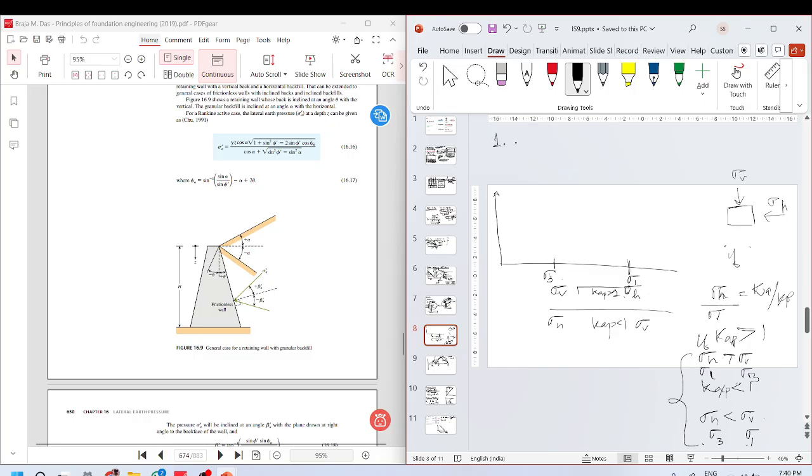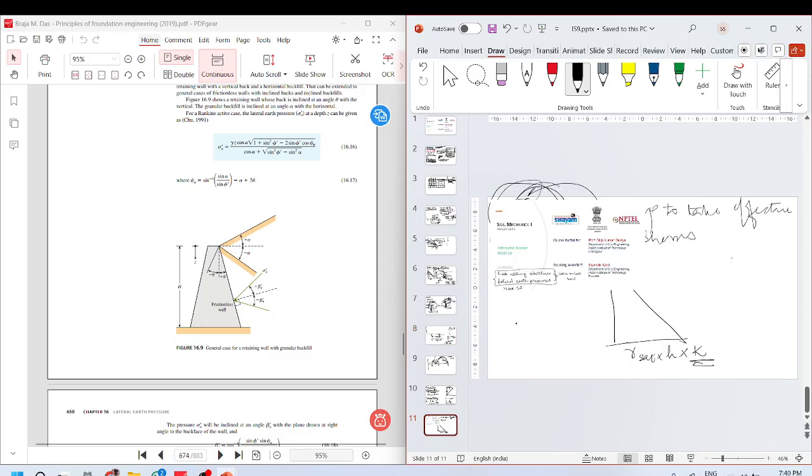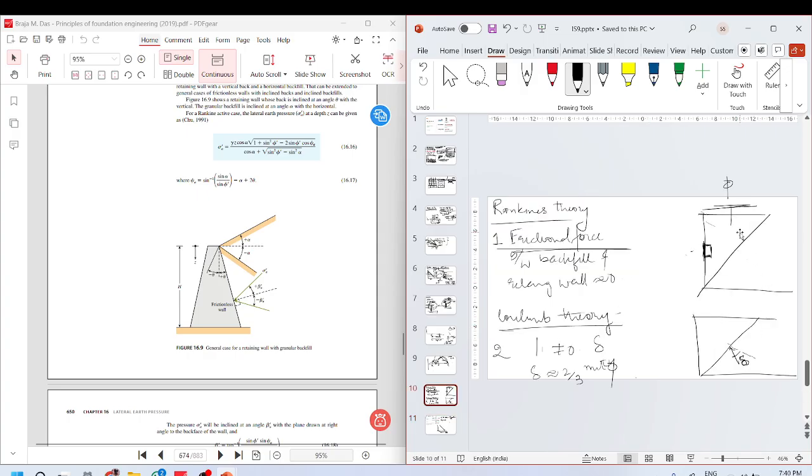One assumption was frictionless. The other assumption was straight. There is no incline in the back of the wall. While Coulomb's theory assumes that the wall is not frictionless and the wall may be inclined.